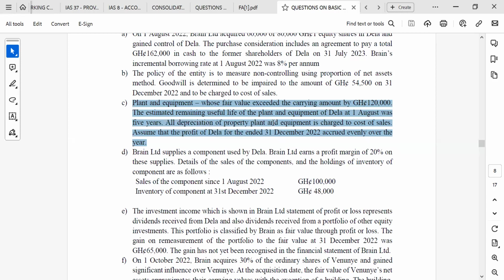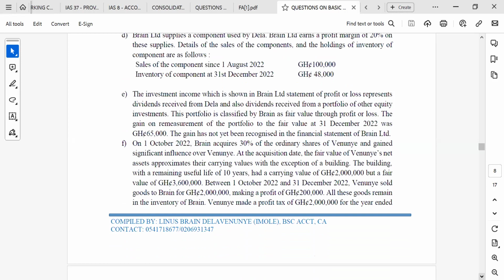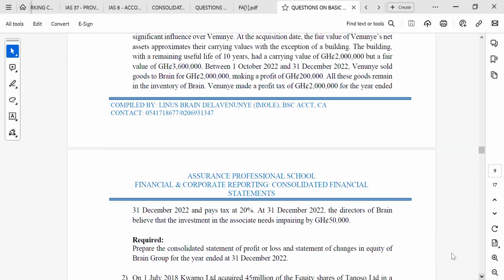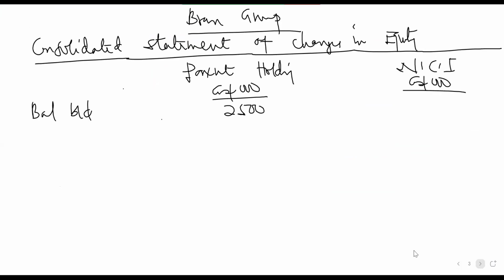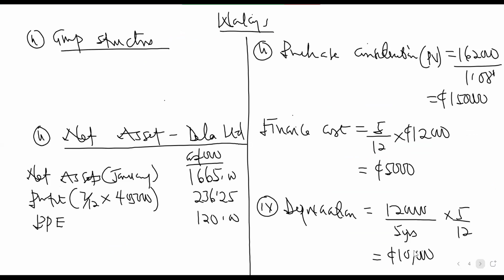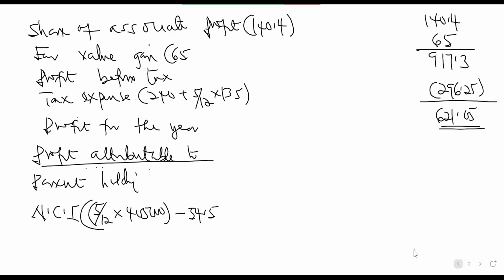So we have calculated that depreciation already. That was 120 divided by 5 multiplied by 5 months. I hope we have done that. The depreciation was 10, isn't it? Yes. So that particular 10 should also be taken from our profits. I'm sure we don't have any other adjustment to the subsidiary again.